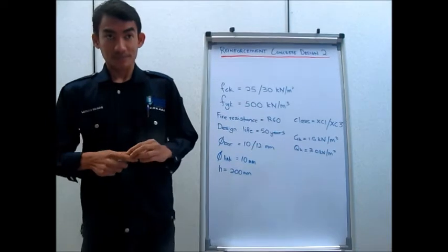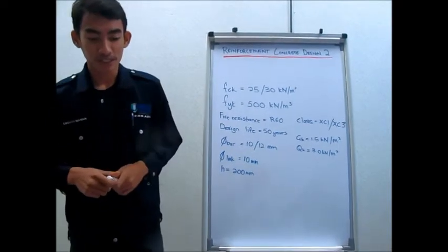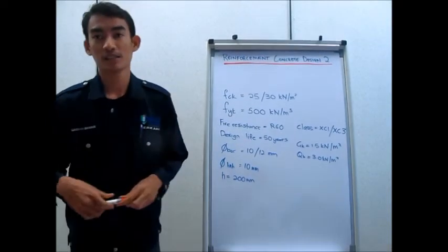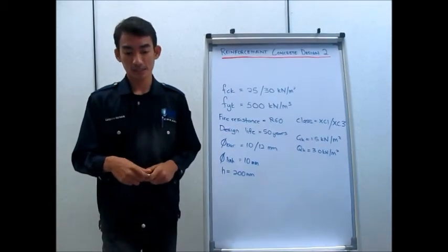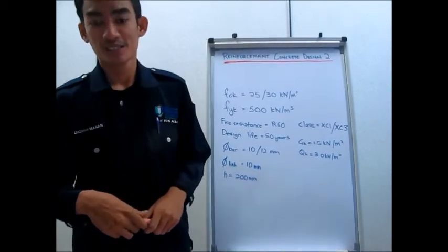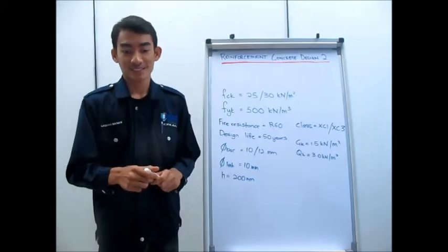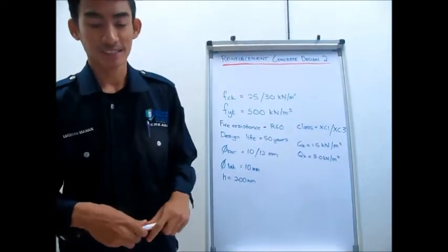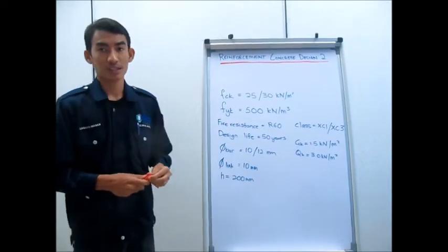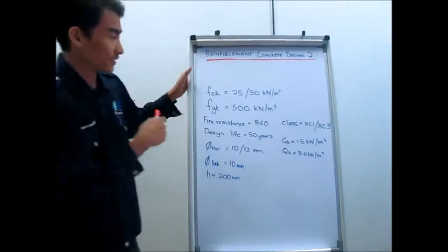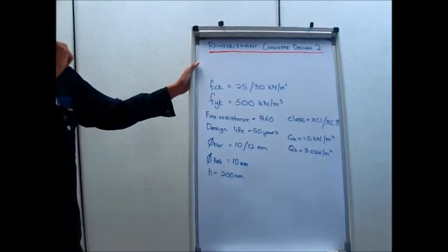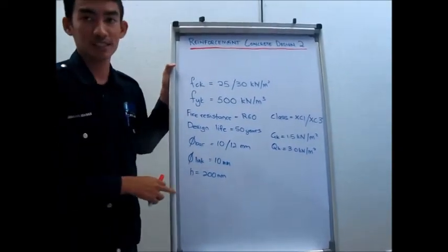My part is to brief about the specification or the design brief of my project, which is a 4-story school hostel. Firstly, I want to discuss the specifications we use in our project.